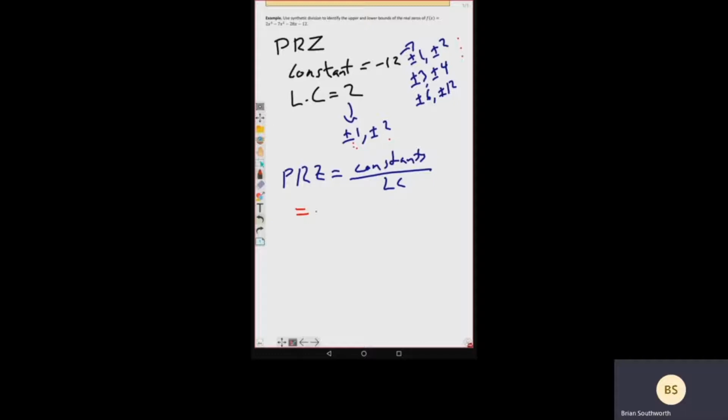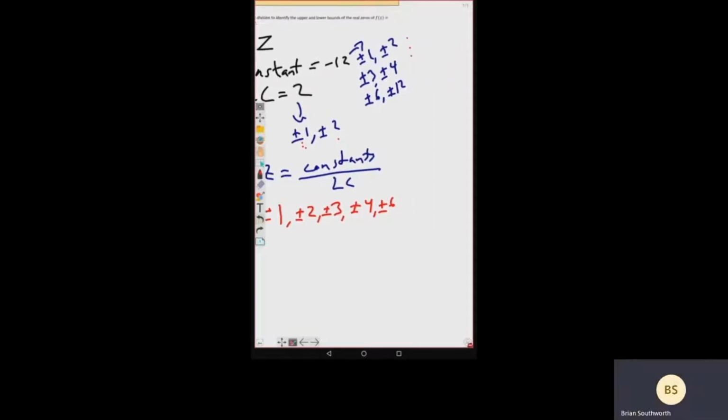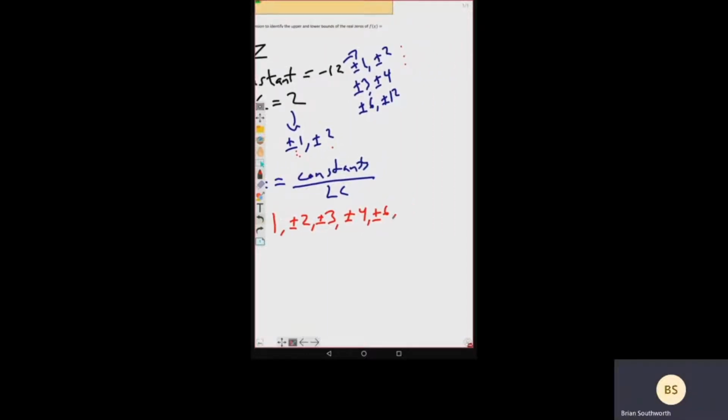So we already know I get plus or minus 1, plus or minus 2, plus or minus 3, plus or minus 4, plus or minus 6, plus or minus 12.